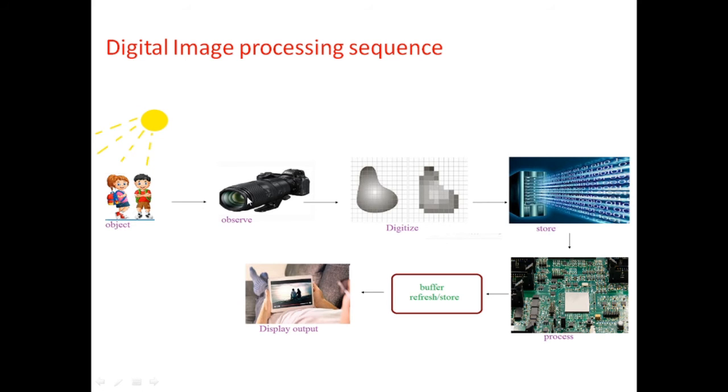So the captured environment is seen, what is being captured by the camera. I have gotten images as an output. This image, which will be analog in nature, is digitized and sampled. That means sampling and quantization will happen here. After that, I need to store the data file somewhere.